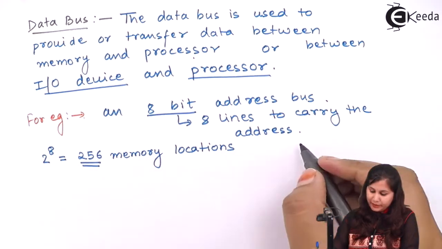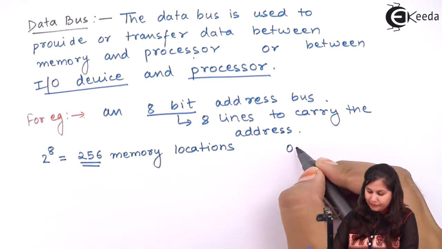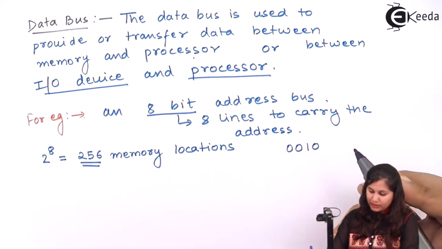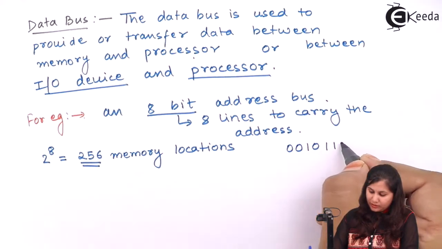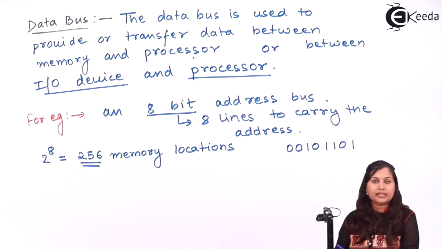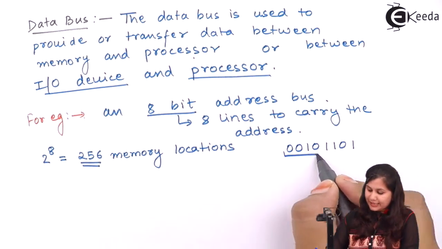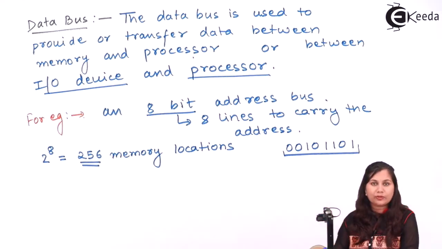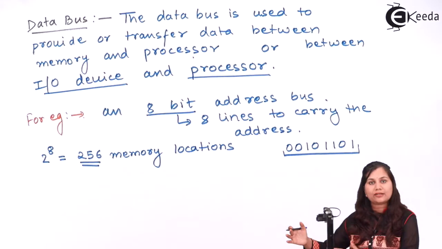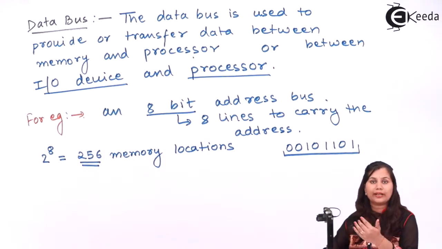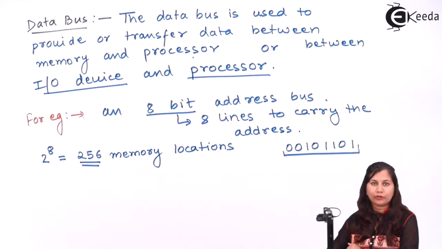Let's take an example of these 8 bits: 0, 0, 1, 0, 1, 1, 0, 1. It is a combination of 0s and 1s. These 8 bits can have 256 combinations, and these 256 combinations can be used to address 256 memory locations.